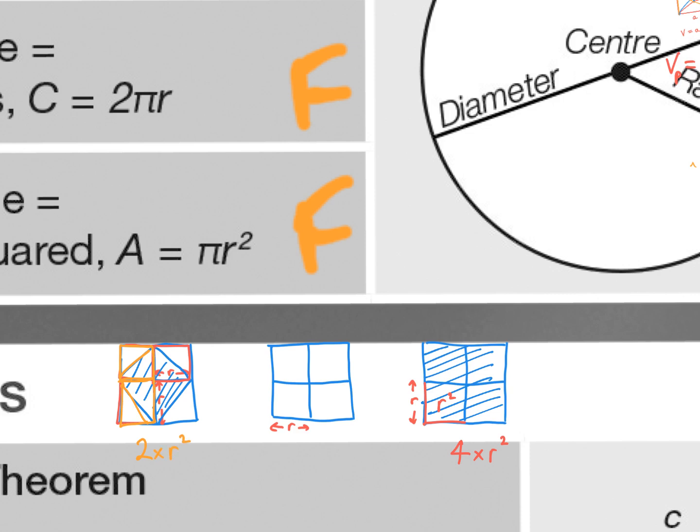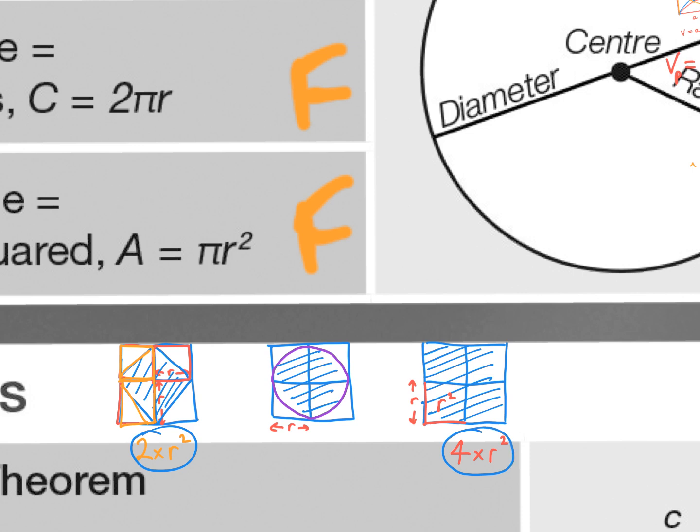And here's the thing that will help you remember what a circle's area is. Some of you may know what's coming now. I'm going to change the colour here. So if I draw a circle here, can you see that the area of this circle is definitely more than 2R squared, and it's definitely less than 4R squared.